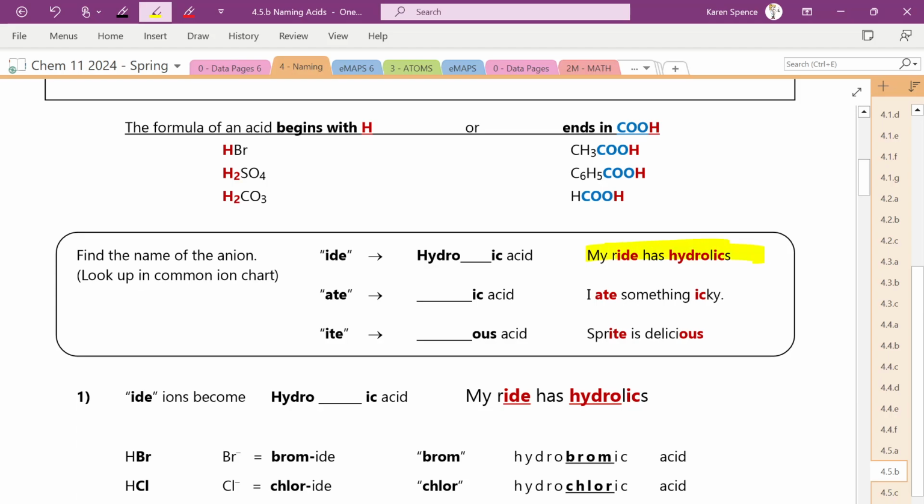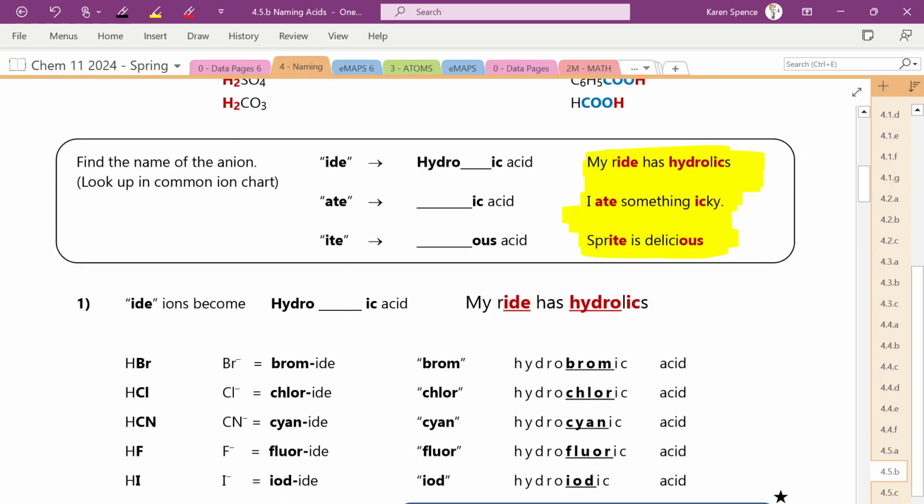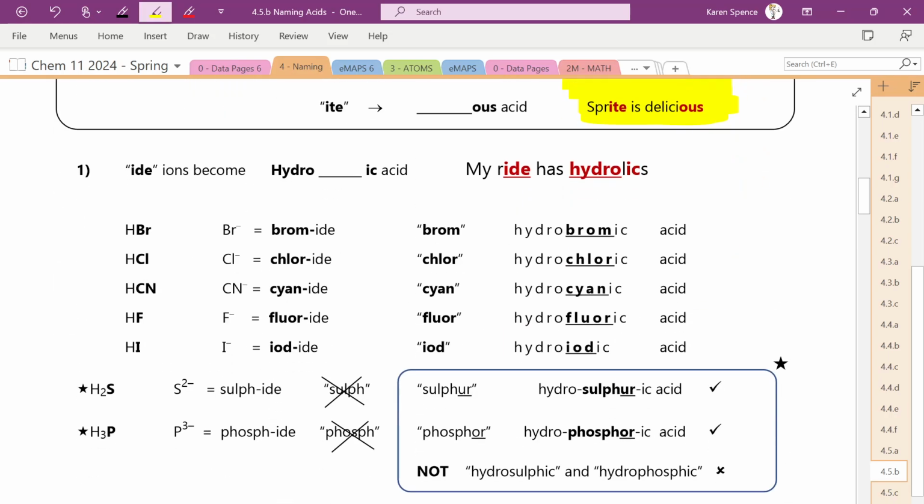Here we have our little summary. My ride has hydraulics. I ate something icky. My Sprite is delicious. All of our ide ions become hydro-ic acids.